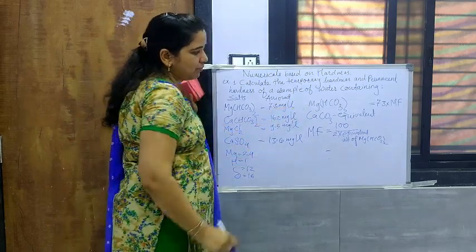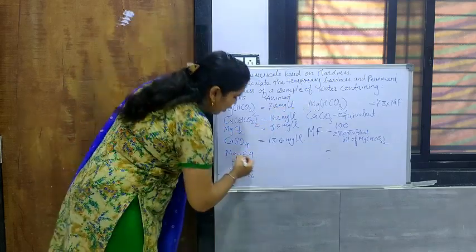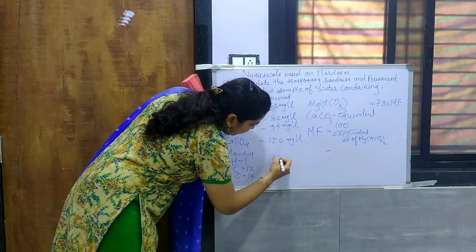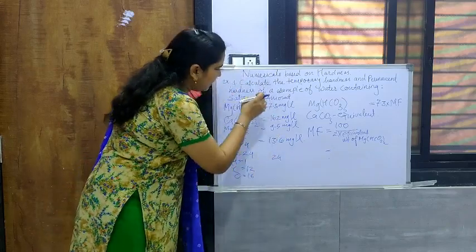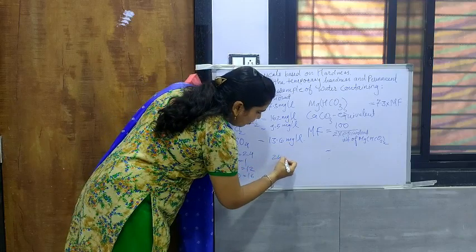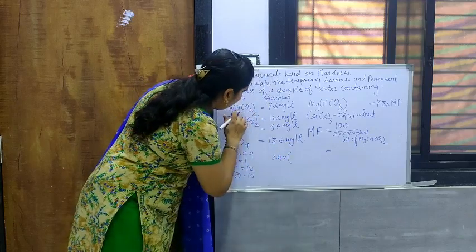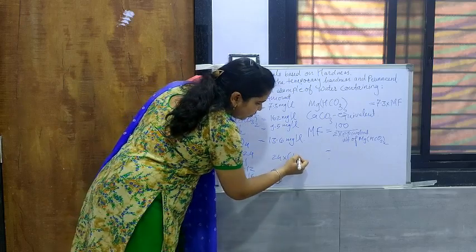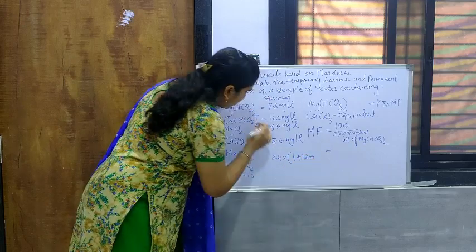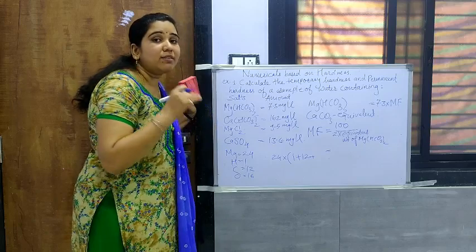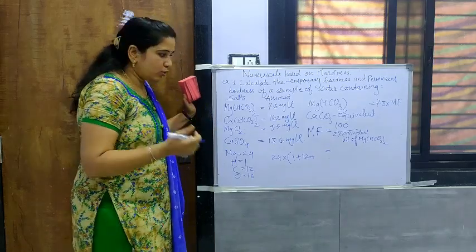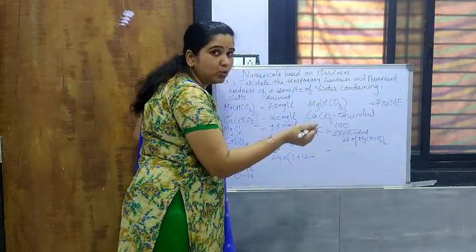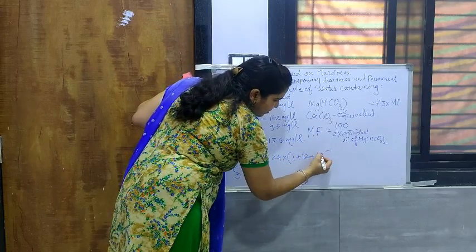So our formula is Mg(HCO3)2. So Mg is 24, then this HCO3 is in brackets, so H is 1, plus carbon 12, plus oxygen 16, but there are 3 atoms of oxygen, so 16 into 3, that is 48.